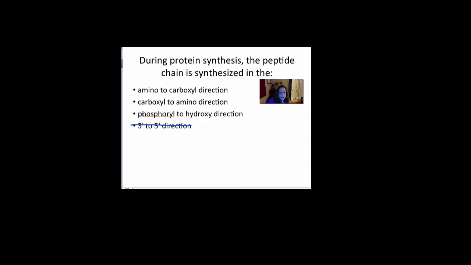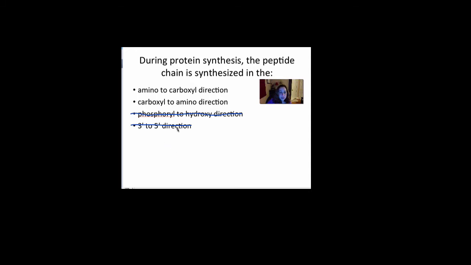Now the next one up, phosphoryl to hydroxy direction, that actually can be crossed out too. That was the distractor answer.